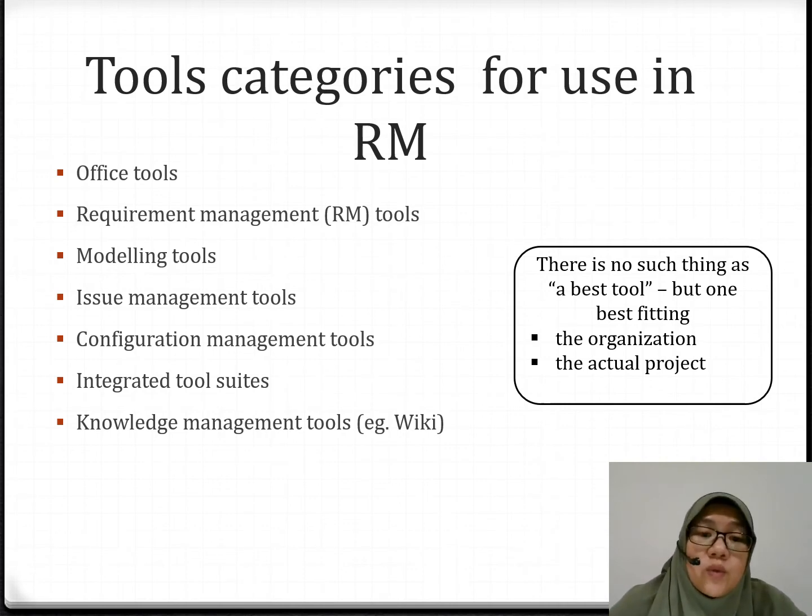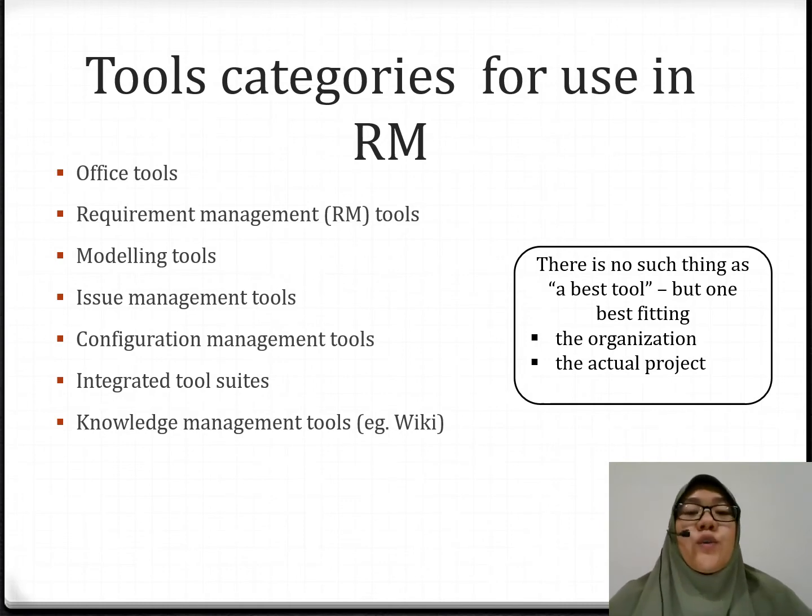Configuration management tools, right? Configuring requirement versioning as well. And also knowledge management tools such as Wiki, right? It's also a tool to manage your requirements. You can use that to manage your requirements. There's no such thing as a best tool, actually. It's something that best fits your organization or your actual project.